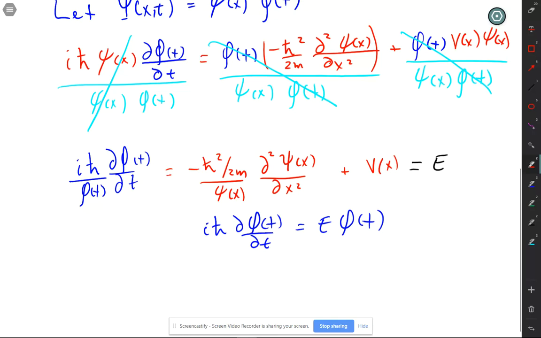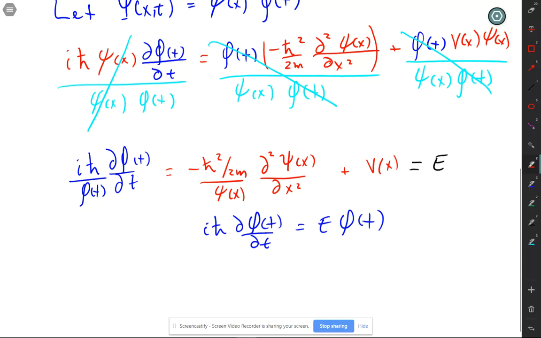And then for every problem we ever do, we'll find our solution for the spatial part, and then we multiply it by the solution for the time part to get our complete solution. So the solution for this is going to be the same for every problem. We're never going to work it again and again because that would be very boring. So we're going to do it today, and that'll be the end of it. But we have to be aware that it's always part of the problem.